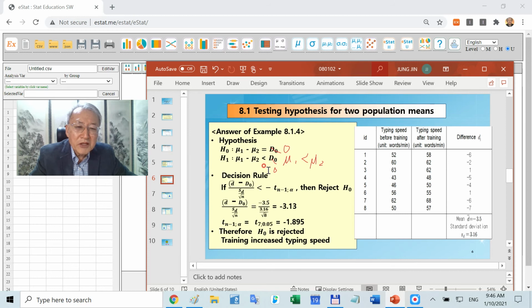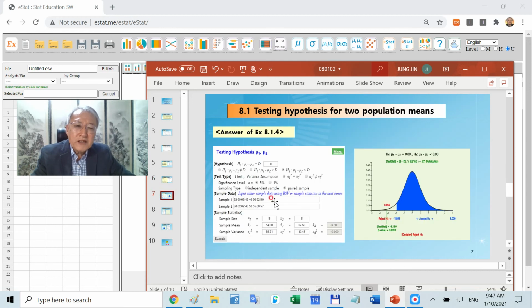There might be a chance H1 can be accepted, but let's test that. The test statistic is minus 3.13, and t(n-1) at significance level 5% is negative 1.895. Therefore, it is beyond this critical value, so H0 is rejected. That means training increased the typing speed.